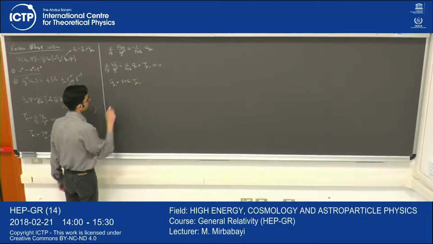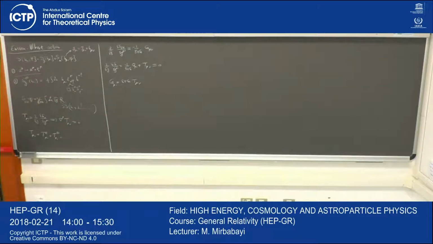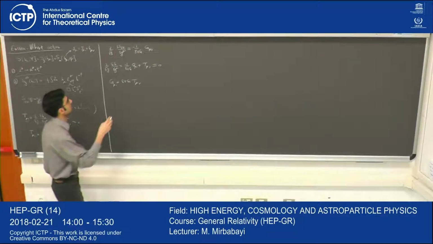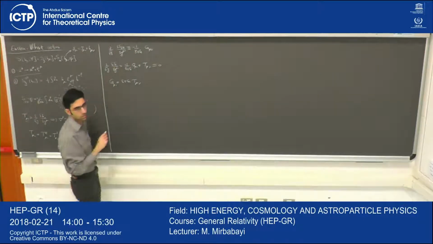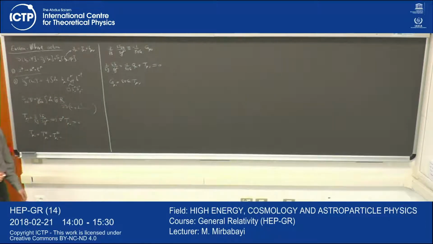I'm sorry, how did you get that? I mean, what is that G mu nu? At the moment, I just defined it to be this. I haven't said what G mu nu is. It's just a variation of this action with respect to little g, the measure.